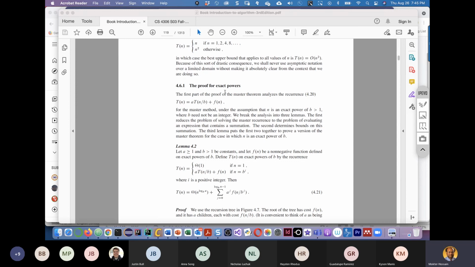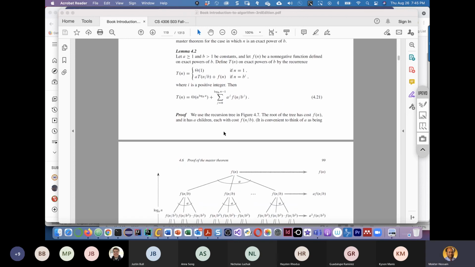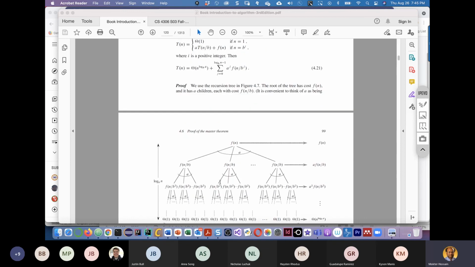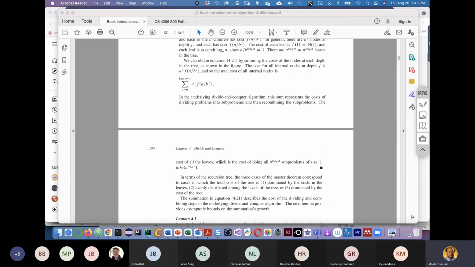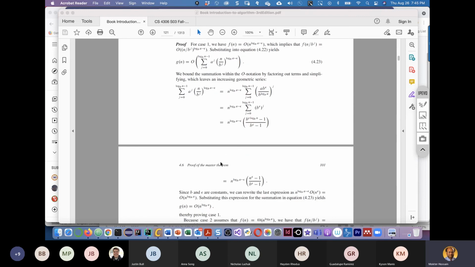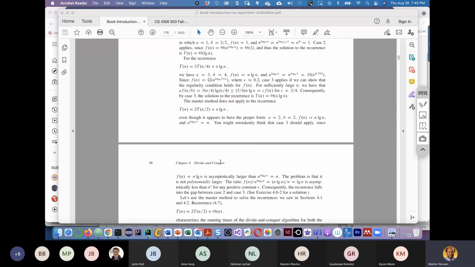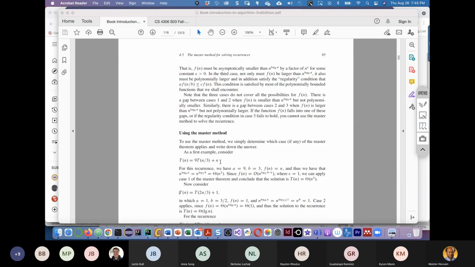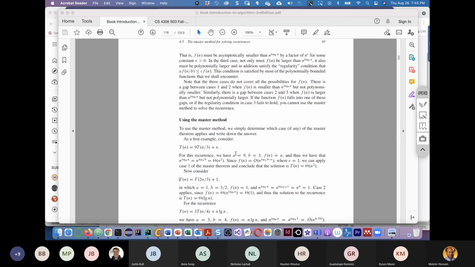There is a Master Theorem explanation for exact powers, and a lemma, which is a mathematical thing we don't want to go into. Has anyone any question about the Master Theorem and how we apply it to find Tn, the running time of an algorithm?